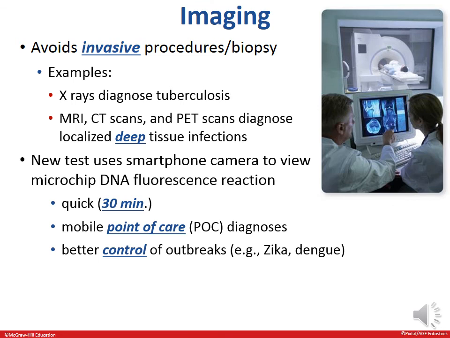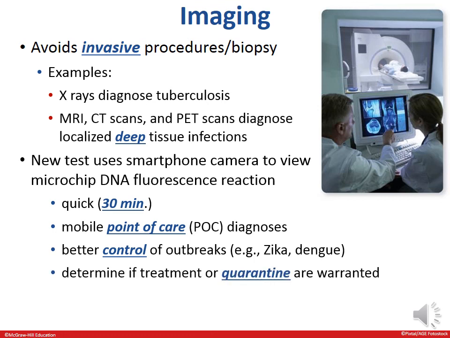And in some cases, they need point of care because they are in a place where the disease is spreading, and they need to determine immediately whether a person needs to be treated or needs to be quarantined. And so things like the Zika, or in South America, we have a lot of dengue outbreaks that people, if they're quarantined, can actually keep it in check.